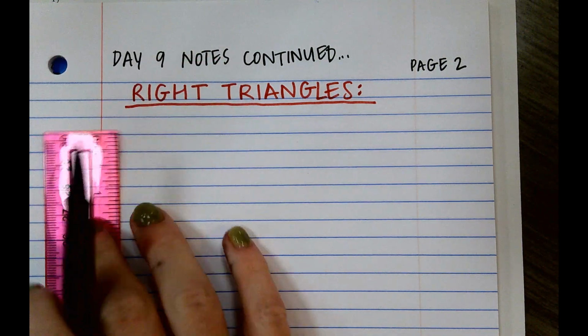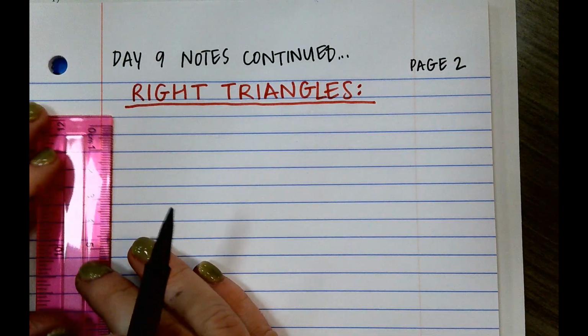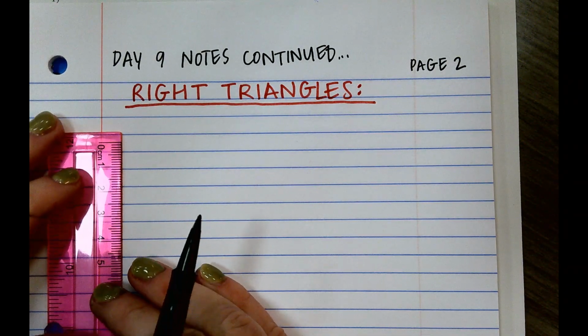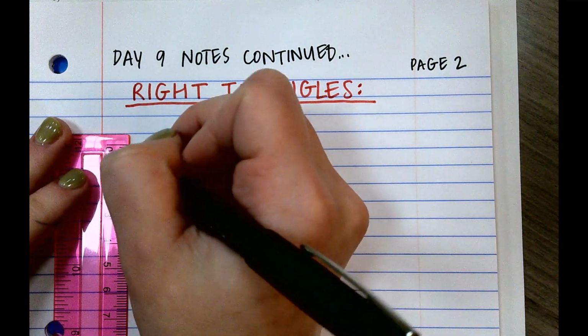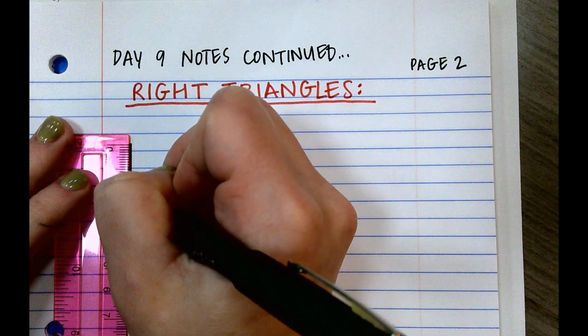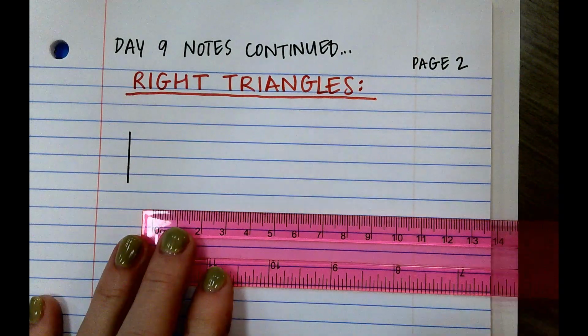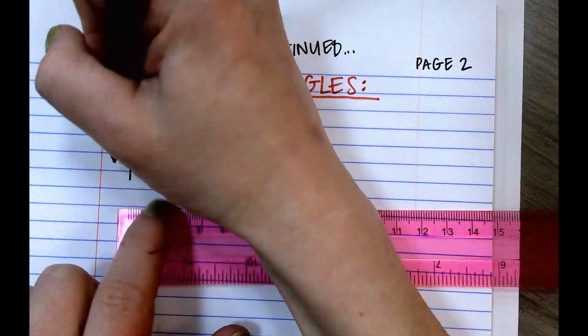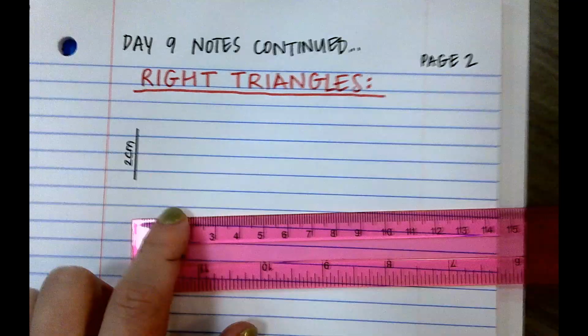I'm going to start a little lower so I can label it. First side will be 2 centimeters. And I'm going to label that side with 2 cm, per centimeters.